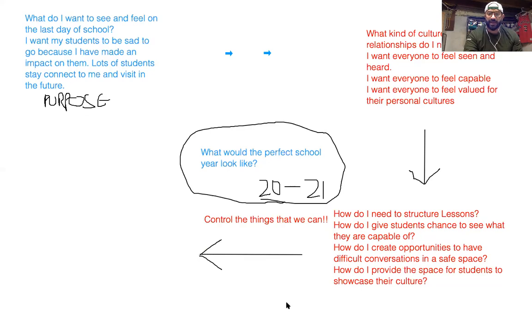So the last thing that I want to do if I'm going to have a perfect year is reflection. So if I know that this is the general makeup, and this is not how I put together all my lessons, but these are more the guiding principles for what this classroom is going to be. The biggest struggle that I've had, and a struggle that I'm going to continue to have, is evaluating whether I'm doing these things. So reflection.